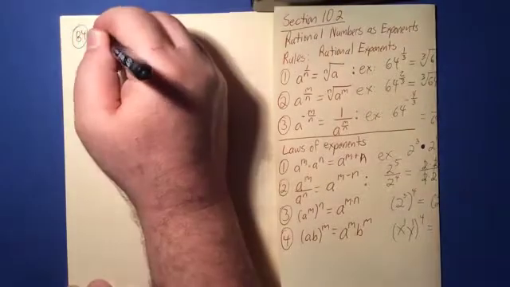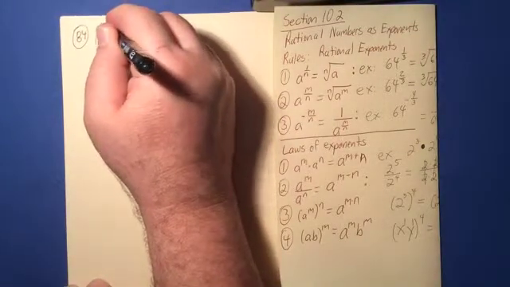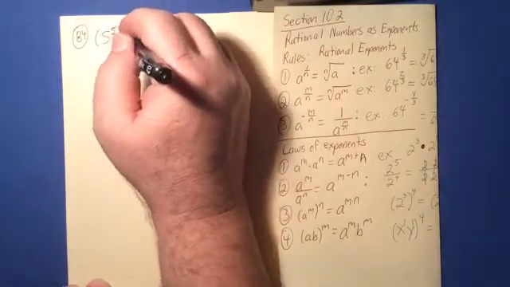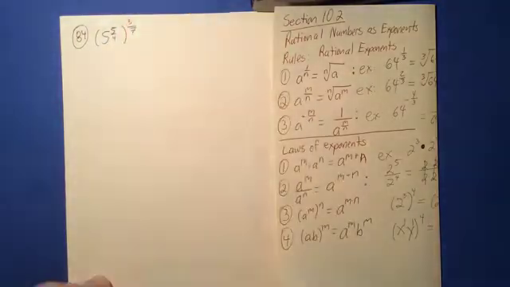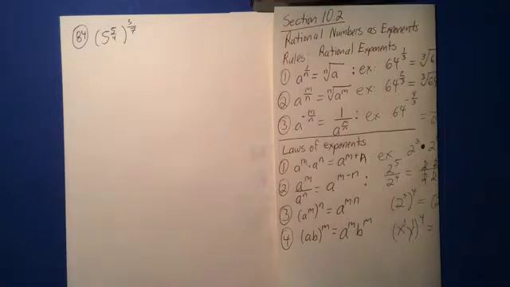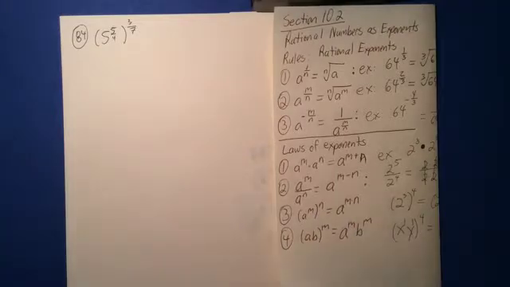We have, in this one, 5 to the 5/4 to the 3/7. So we have 5 raised to the 5/4 raised to the 3/7. Well, if you have something that's raised to an exponent with an exponent outside, we multiply the exponents.